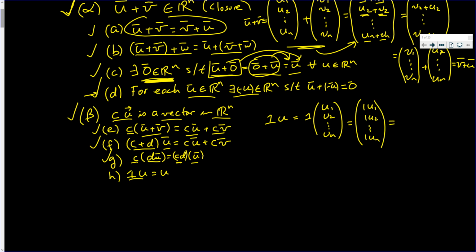And 1 has the property that when you multiply it by U1, you get the real number U1, and when you multiply it by U2, you get U2, all the way down to UN. But it turns out that this vector in Rn is vector U. So 1 times U equals U.